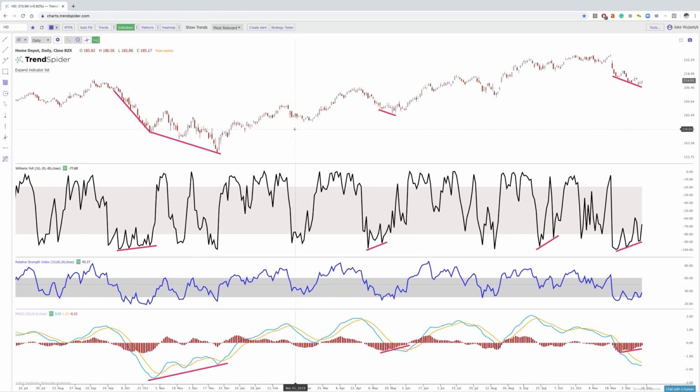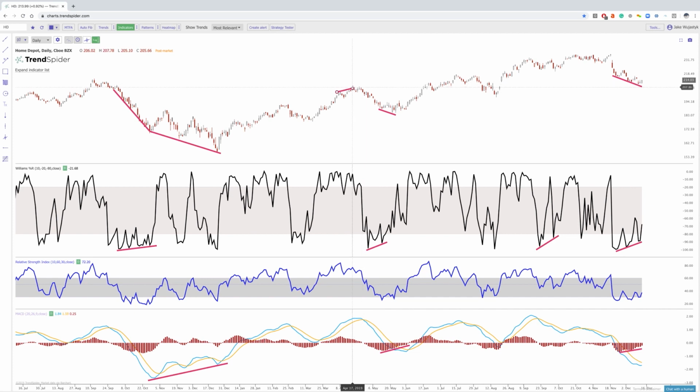Negative divergence is essentially when you've got a different type of setup here, where let's say that we've got, in this case, let me find one. We've got a higher high here. Notice that we've got a close around 203.32, and then we've got a close here around 206.89.